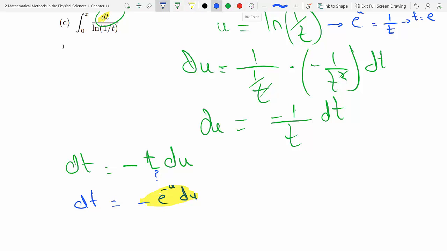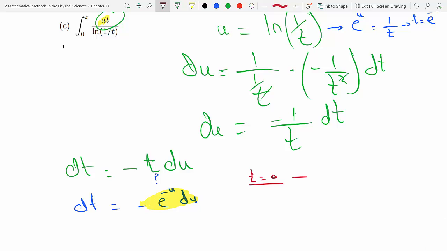Okay, let me go see the bounds now. You got the bounds? Let me see if my bounds match your bounds. So for t equals 0, plug it into u, so we get u equals ln 1 over 0. Well, 1 over 0 is infinity, and ln infinity is infinity. So yes, at t equals 0, u equals infinity.